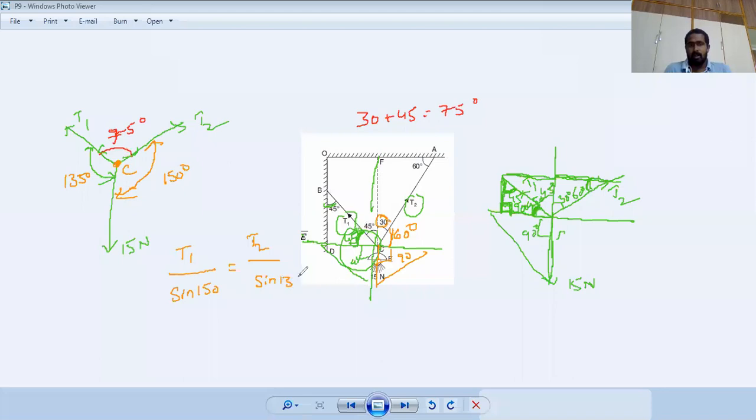Next, 15 divided by sin 75. So what is the value of sin 75?